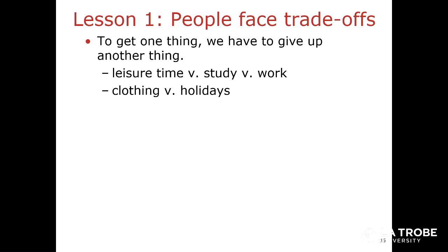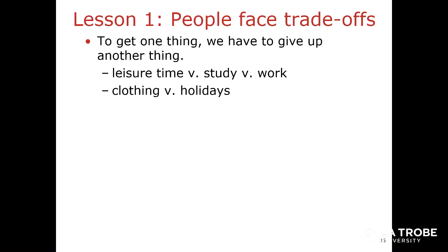Typically, when you come, so it's not 8 o'clock, so that's still all right, but if you have to come at 8 o'clock in the morning, the trade-off is: oh, I need to get out of my bed to go to this excellent POE lecture. This is a trade-off. On the labor market, this is a trade-off between leisure and work. When I'm working, I don't have any leisure.